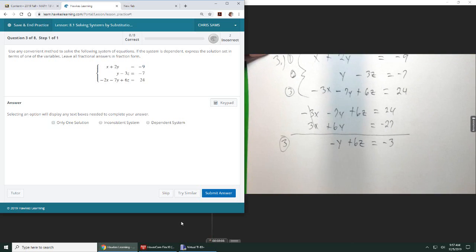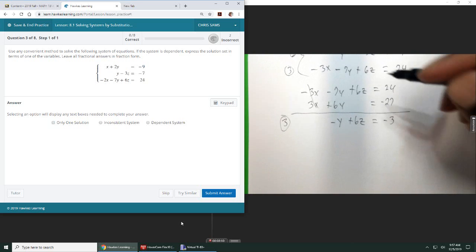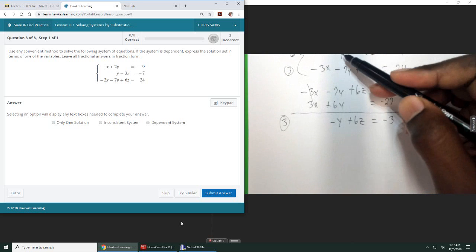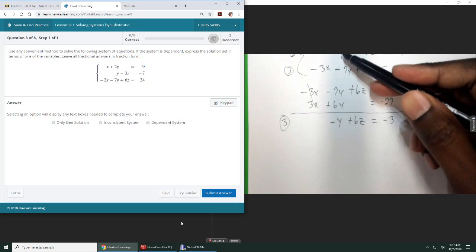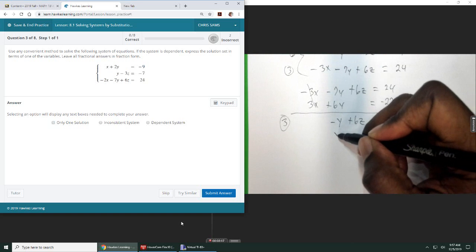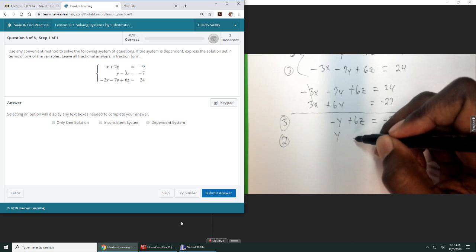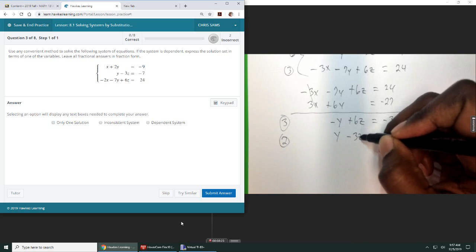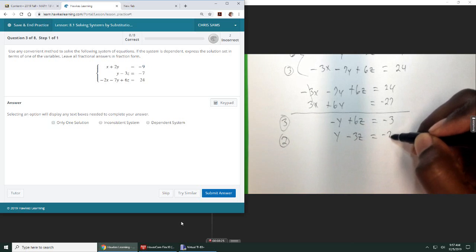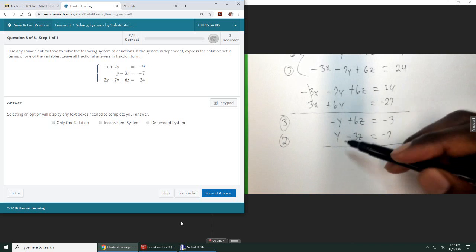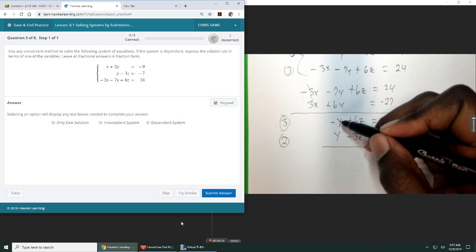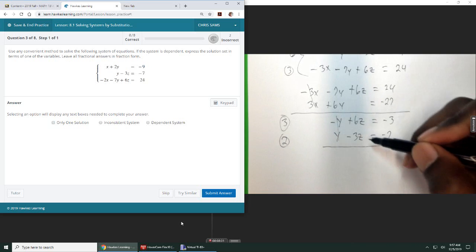Now we're going to use equation 2 and 3. And see, I'm looking at the y value. They're already opposite and the same number. So I'm going to write my original equation 2 here, which is y minus 3z equals negative 7. And we're going to add these 2 up, and the y is going to cancel out. Y's being opposite, they will cancel out.